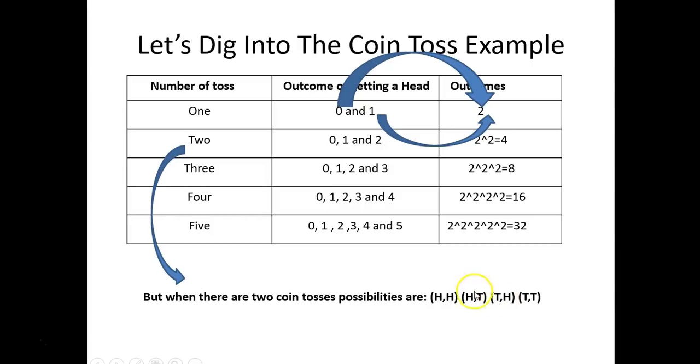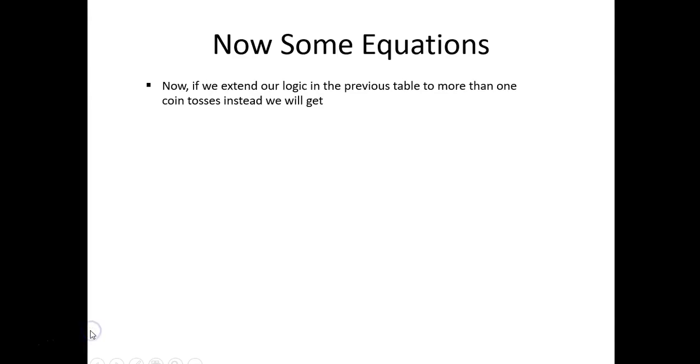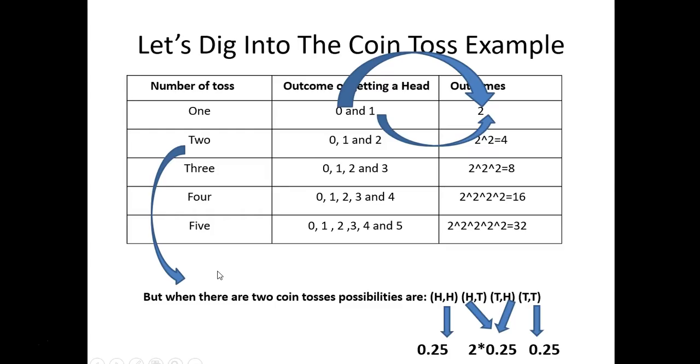So the probability of getting 2 heads is 0.25, and the possibility of getting 1 head and 1 tail, just because it can happen in two different ways, first is head, second is tail, or first is tail, second is head, so we have 2 out of 4. So it is basically 2 into 0.25 or 2 by 4, which is 0.5, and again getting 2 tails or 0 heads is 0.25.